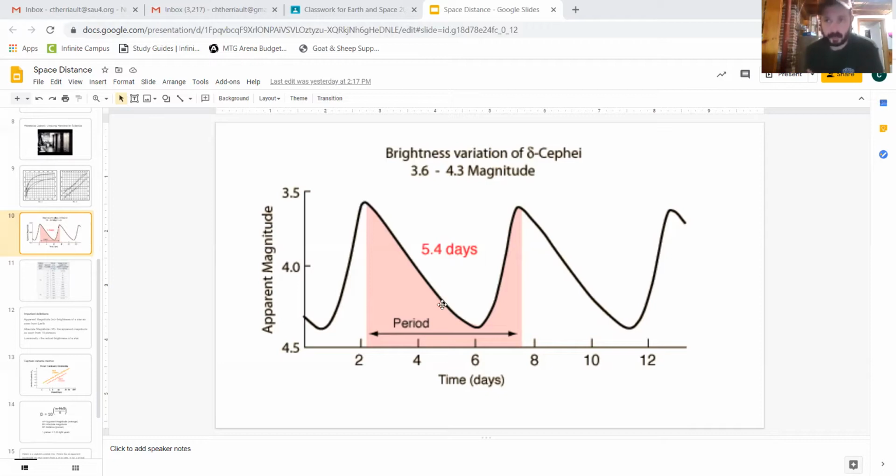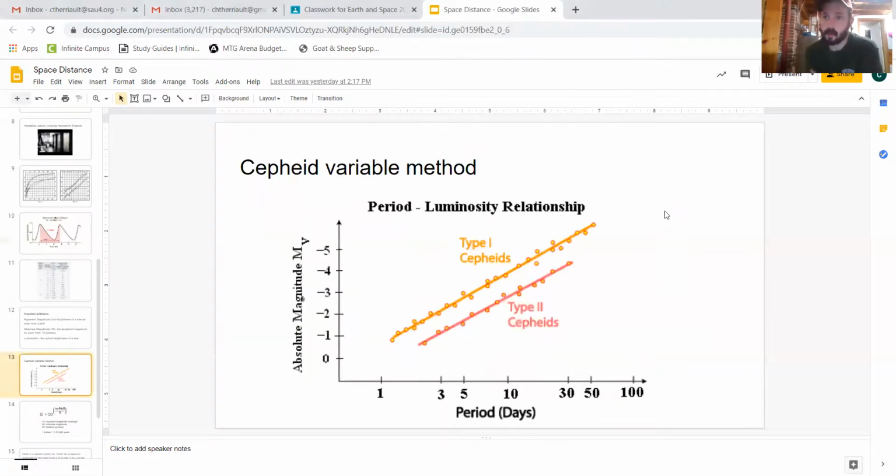Henrietta's famous relationship was about the period. From the period, we can get an important value, which is called the absolute magnitude. So this is different than the apparent magnitude. The absolute magnitude is how bright something appears if everything was placed at 10 parsecs, or about 30 light years away from you. And we read this graph to get that value from it.